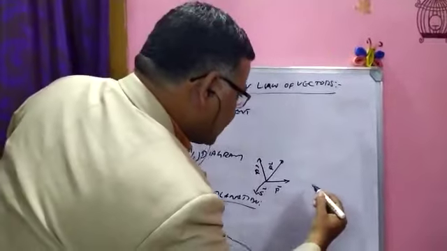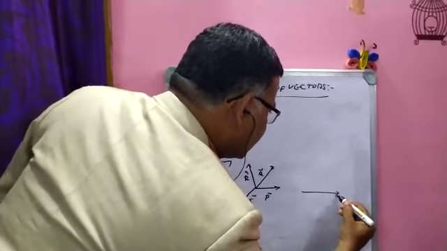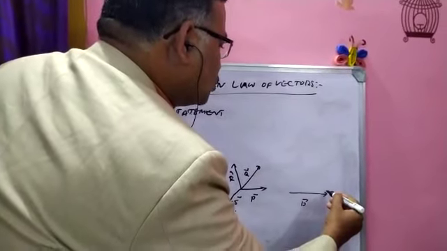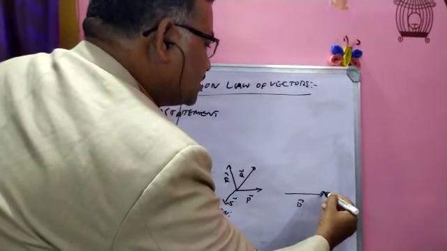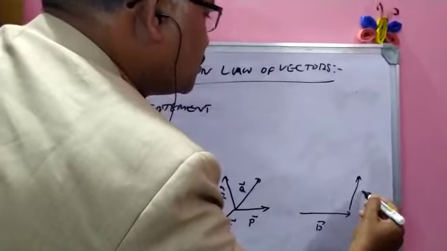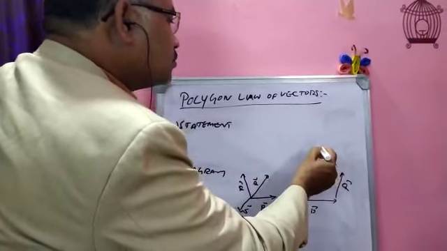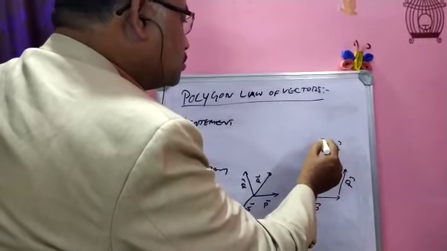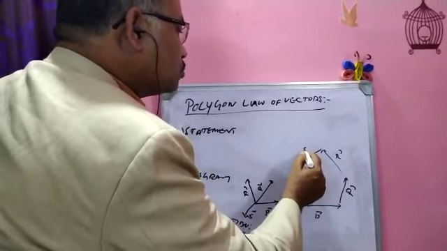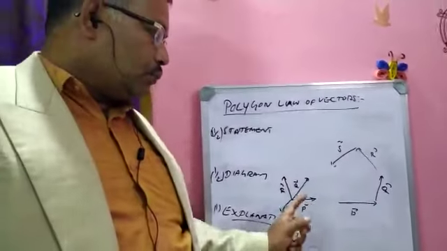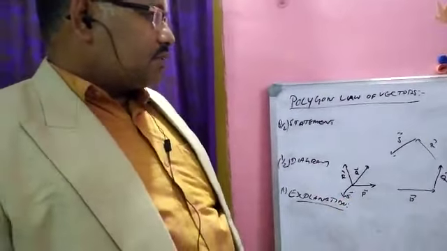P vector is in this direction, so I draw it without changing its direction. Q vector is in this direction, following the same method of addition of vectors. Then R vector, and then S vector in this direction. So we have added the given vectors P, Q, R, S.